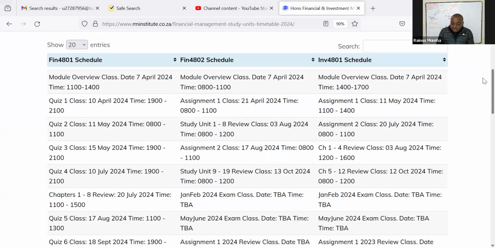The idea behind the class on the 10th is because we want to be able to do the first quiz. We need to be able to review the questions for the first quiz. And usually, the questions for the first quiz are the same, but the sequencing of the questions is different from one individual to the next as well.